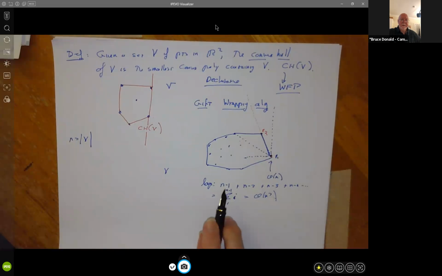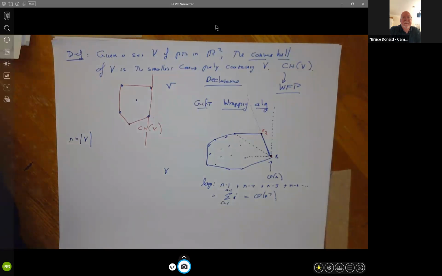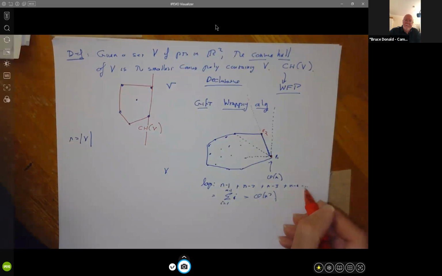But why does the series go all the way through n? Like in this case, because all these internal points we didn't have to do this for. You don't know they're internal. How do you know they're internal? Well, we start at P1, we go to P2, we go all around this loop, and eventually, yes, at the very end, you're right, because you'll only have n minus 2 points around the loop.